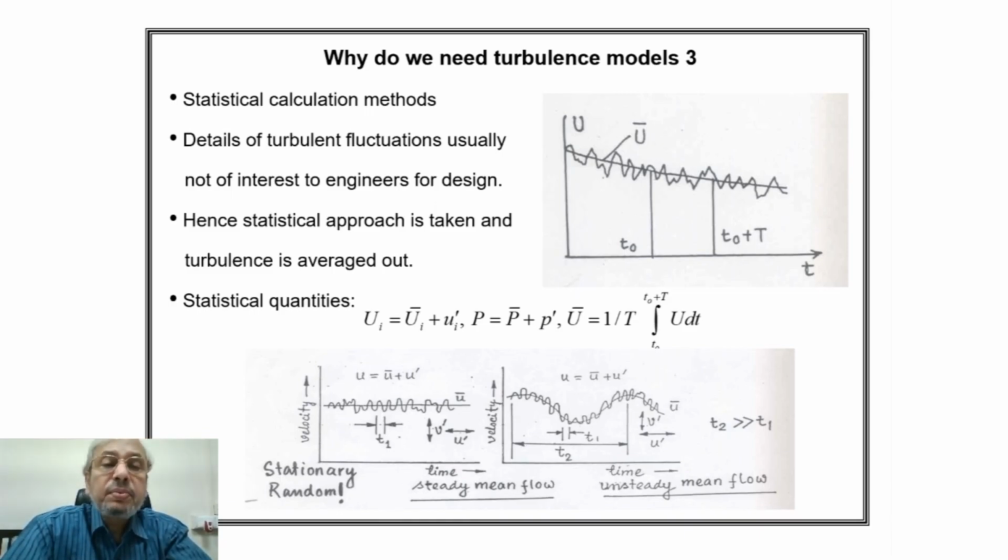Now, details of turbulent fluctuations are usually not of interest to engineers for design purpose. Hence a statistical approach is taken and turbulence is averaged out. So we have shown 3 sample signals. Here you can see how the velocity is varying, and if we average it out, this is the U average signal.